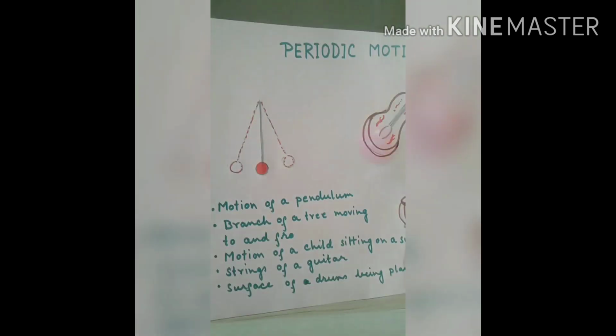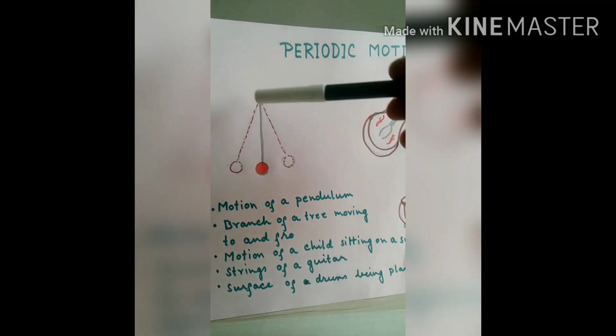Do you see the motion? It is repeating the motion with time. This which I have demonstrated is a pendulum. You also can do it at home and you will have lots of fun.